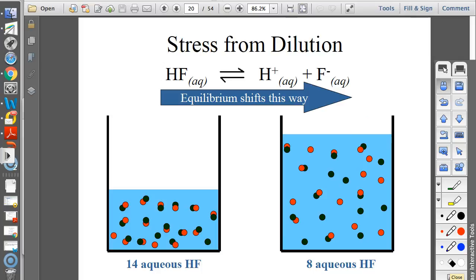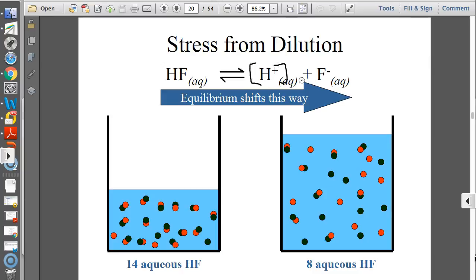If each of these concentrations were 0.02 molar, that's 0.02 moles in a liter, but then I double the volume, now it's going to be 0.01 molar, and so it's going to shift to make more of those.